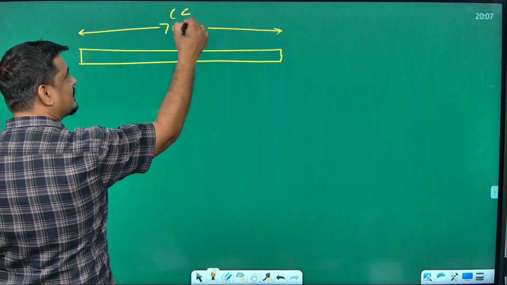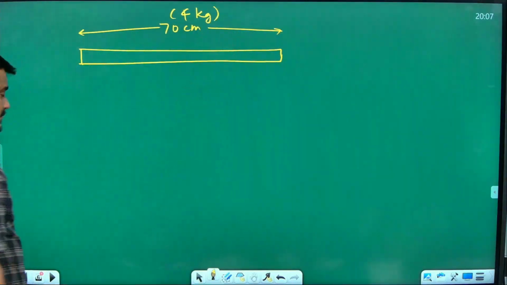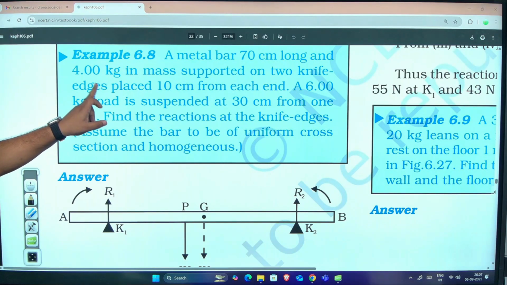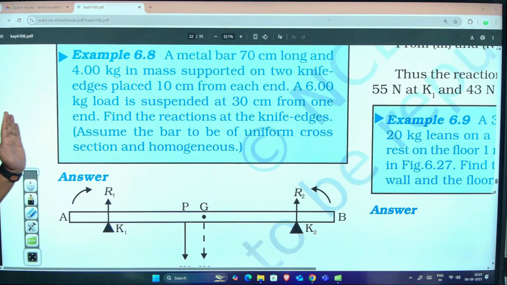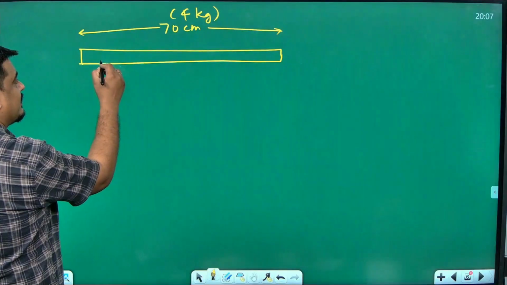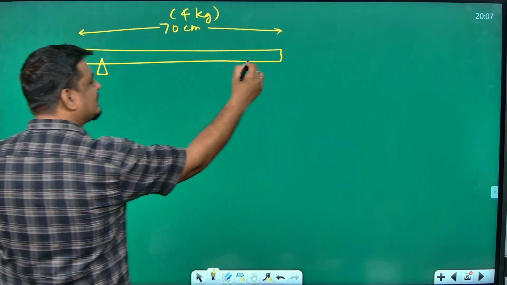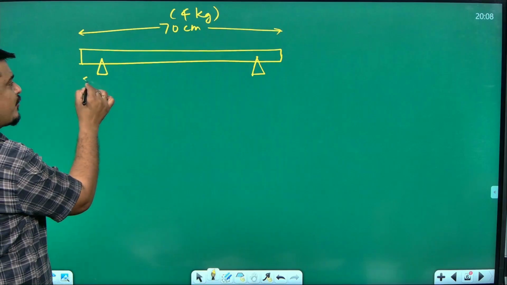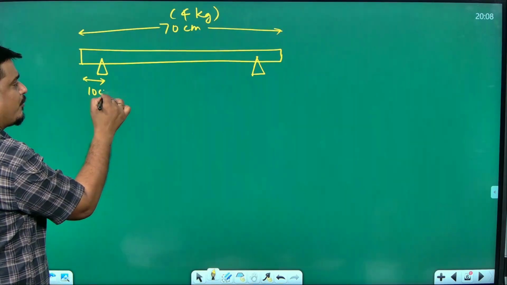What else is given? Supported on 2 knife edges placed 10 centimeter from each end. It means that here and here I have 2 knives. Do you understand? And how much is it away from the edges? 10 centimeter on both sides.